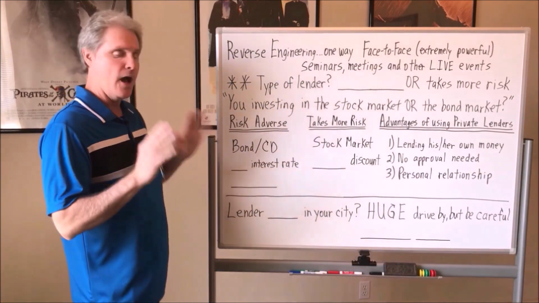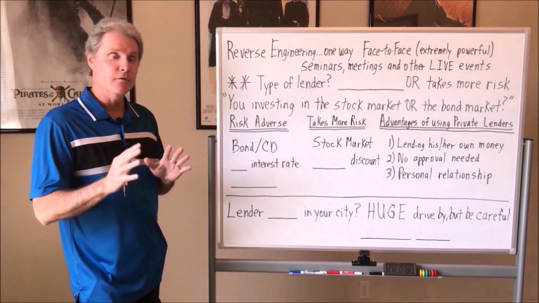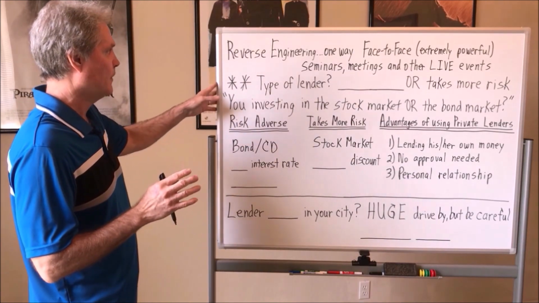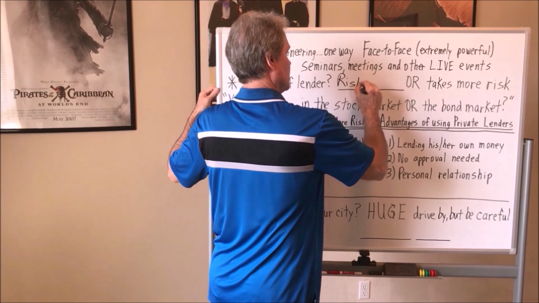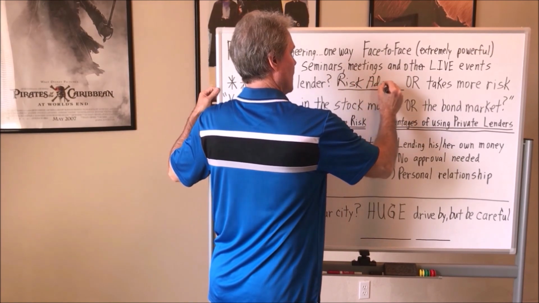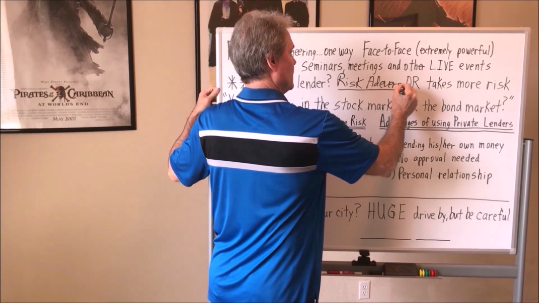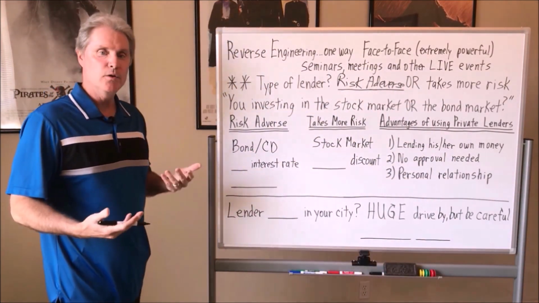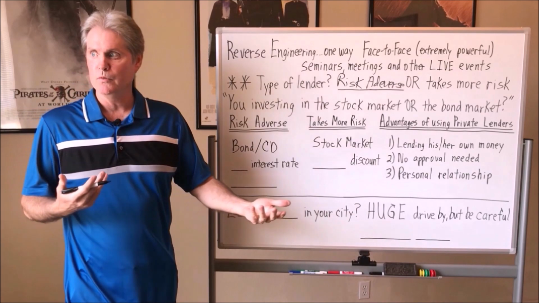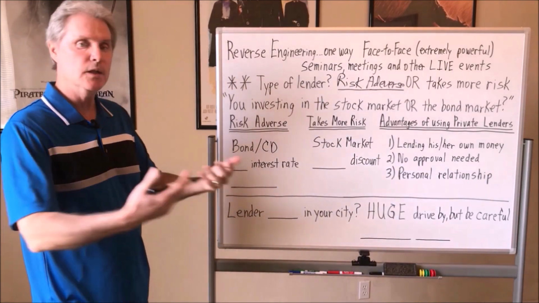Now, how do you know what type of lender you're dealing with, right? Is this lender risk averse, or is this lender more of a risk taker? What you do is you don't ask them that, but you ask a question that will lead you to the answer.